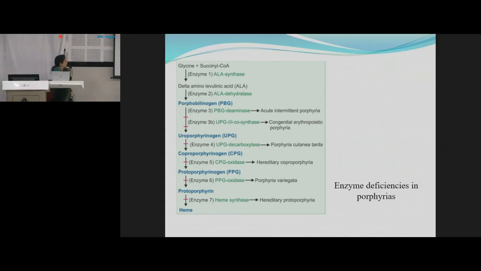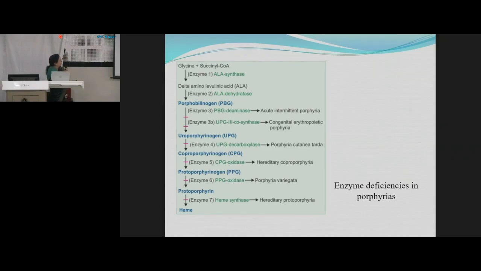And for the conversion of protoporphyrin to heme, the enzyme required was heme synthase or ferrochelatase, and the porphyria due to deficiency of heme synthase enzyme is known as hereditary protoporphyria. And the symptoms will be the same, that is neuropsychiatric disorders, photosensitivity, abdominal pain and so on.